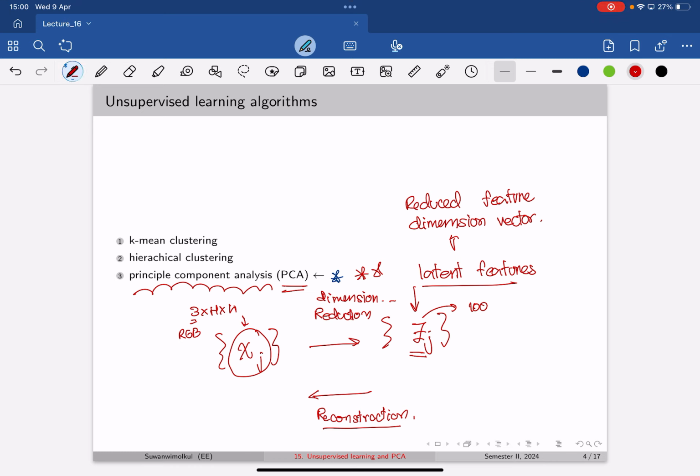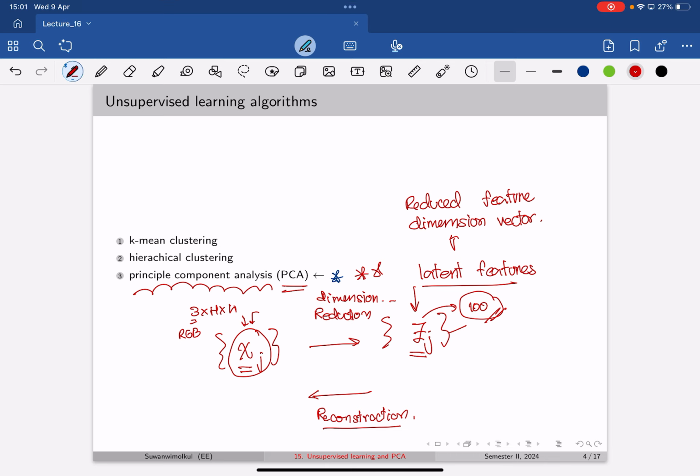Thing is, you can do many things to have this reduced feature dimension vector. For example, you can sort for the maximum value of this X for 100 samples, and you say that that is the one containing the lower dimensional feature, so it should work. But there's no guarantee that these 100 samples would be able to faithfully represent your entire image.